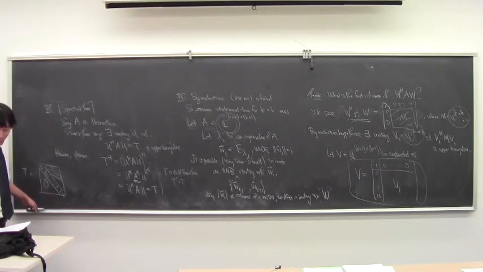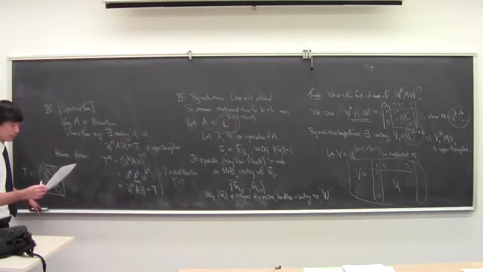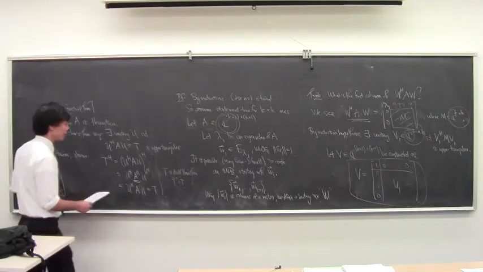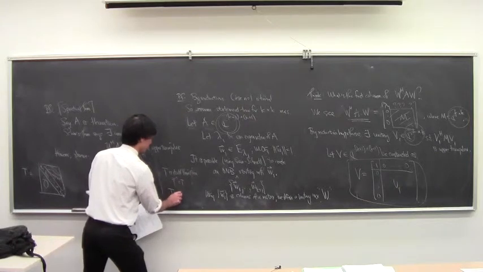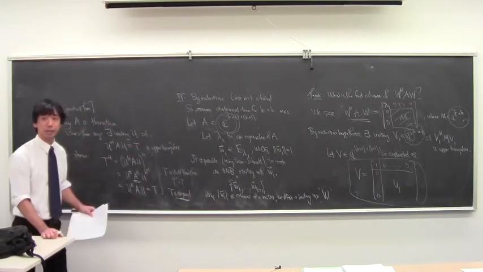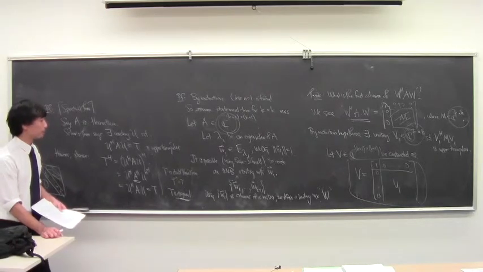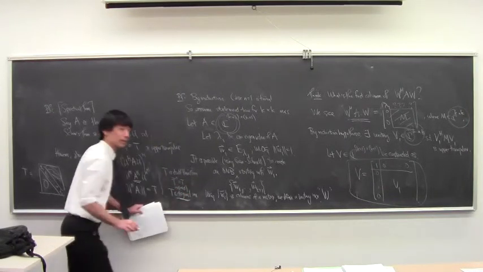But in any case, what we get is that T is diagonal. The important part is T is diagonal. I mean, it's also real, but a real diagonal matrix.